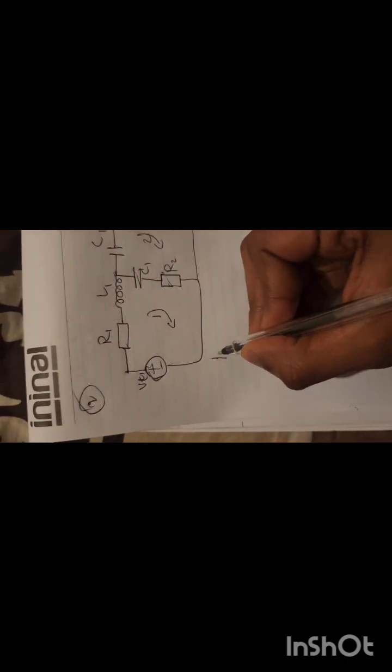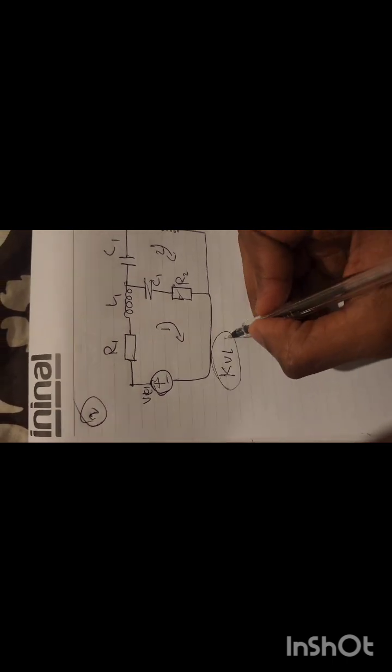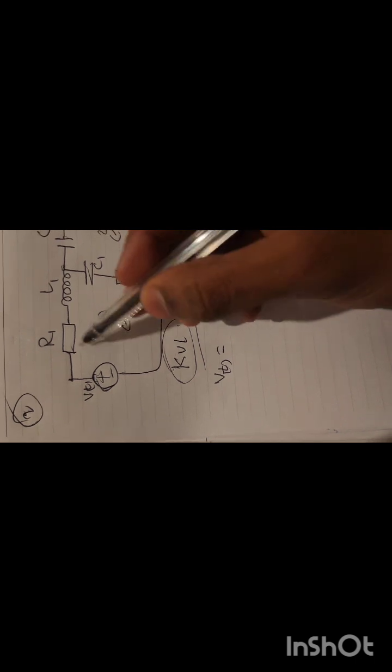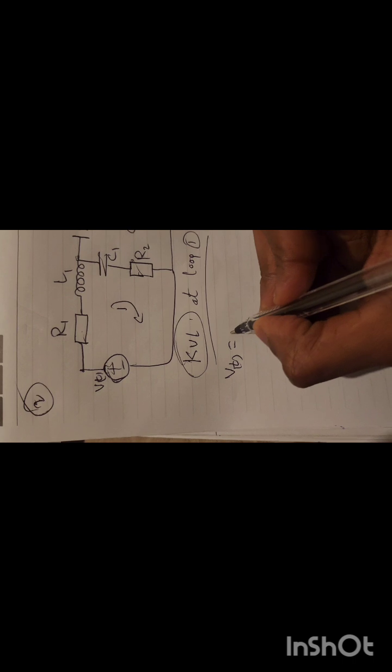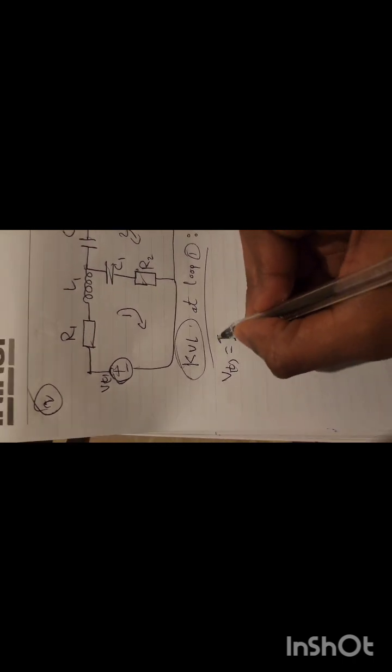So let's get this by applying KVL or Kirchhoff voltage law for loop 1. So KVL at loop 1. So we have Vt is equal to, we have just I1 entering the resistor here. So the current is I1, so I1 multiplied by R1.